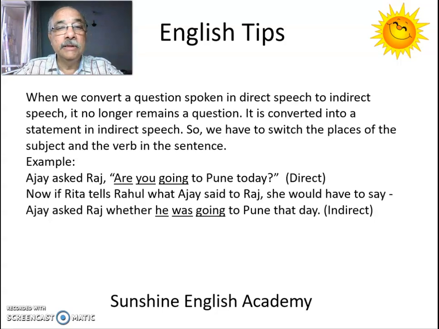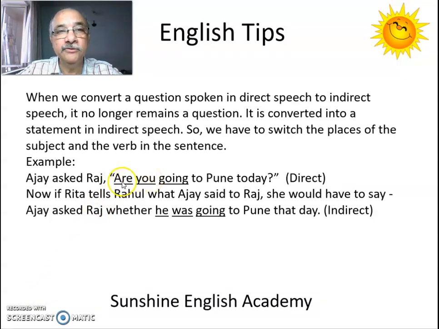For example, Ajay asked Raj, "Are you going to Pune today?" This is the direct speech. Now, if a third person, Rita, tells a fourth person, Rahul, what Ajay said to Raj, she would have to say, Ajay asked Raj whether he was going to Pune that day. Now, are is the helping verb here and you is the subject.